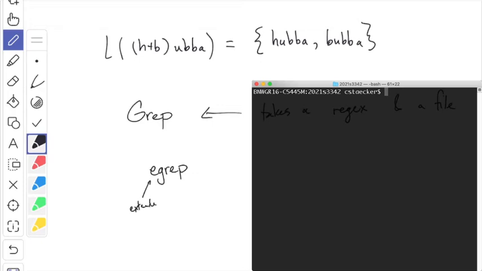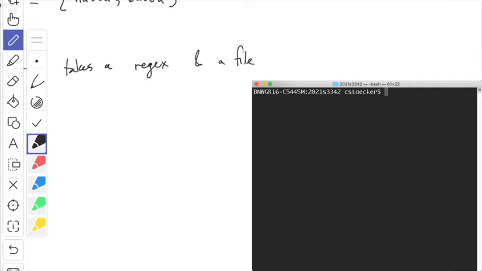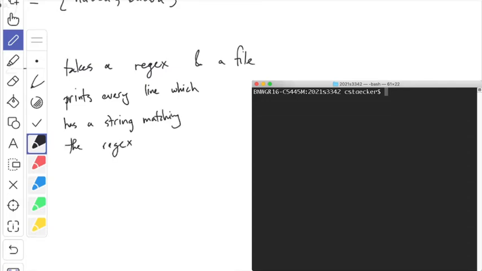It takes a regular expression and a file, and what it does is it prints every line which has a string matching the regular expression. So you use this to search a big file for certain strings.